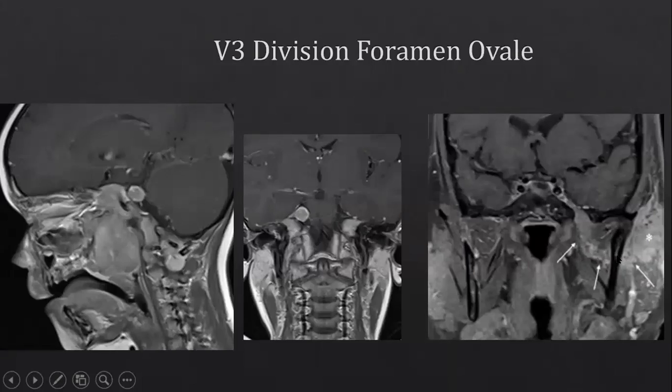And we have looked at this example where there is adenoid cystic carcinoma of the parotid gland, which has spread along the auriculotemporal nerve into the mandibular division, and then eventually into the cavernous sinus. So just important to remember the anatomy of the mandibular nerve and the divisions.